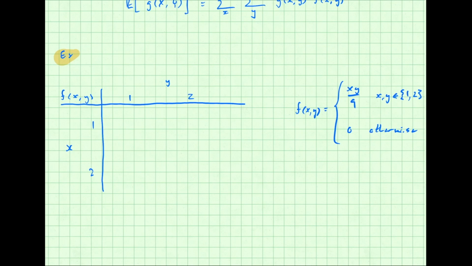So we already used this thing before, and we constructed this whole table before, but we can do it again. So when x and y are both 1, this is a ninth. When x is 1 and y is 2, this is 2 ninths. And this guy is 2/9 as well. And when they're both 2, it's 4/9.